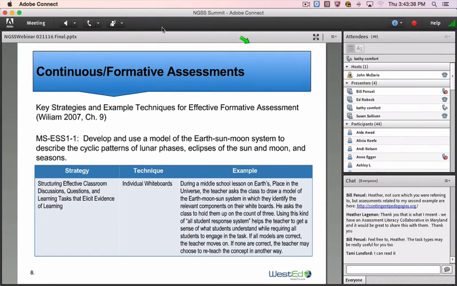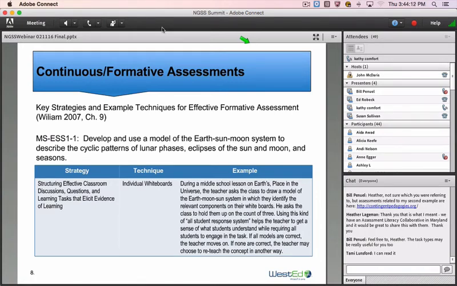In this next example, it's continuous formative assessment. It's a strategy taken from key strategies and example techniques for effective formative assessment by Dylan Williams, and it's designed around this performance expectation, MS-ESS1-1. In the example, a middle school teacher is doing a lesson on Earth's place in the universe, and the teacher asks the class to draw a model of the Earth-Sun-Moon system in which they identify the relevant components on the whiteboard.